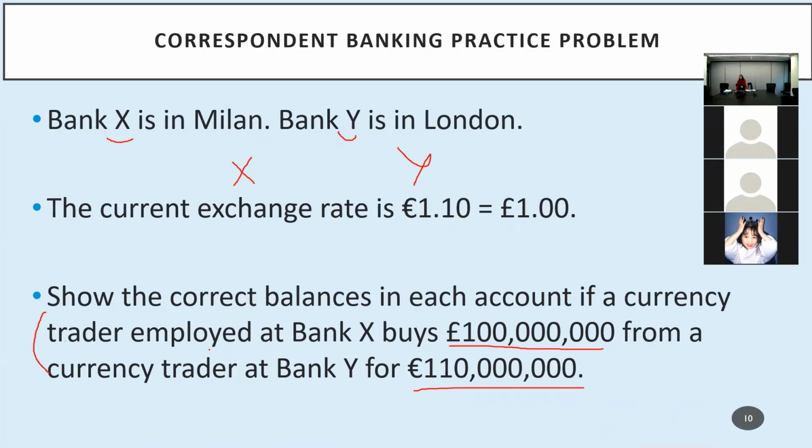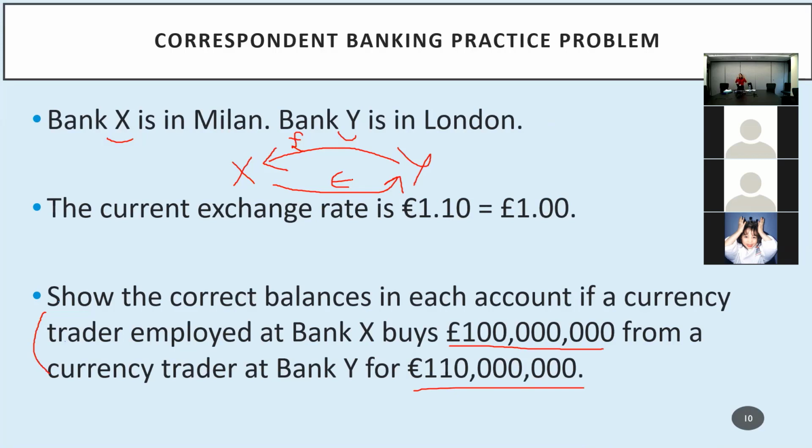Now we have an employee at Bank X, and they want to buy the pounds for the euro. So X wants to receive the pounds, and in exchange they are paying Y in the euro, right? So we would see 2 different cash flows in 2 different currencies.